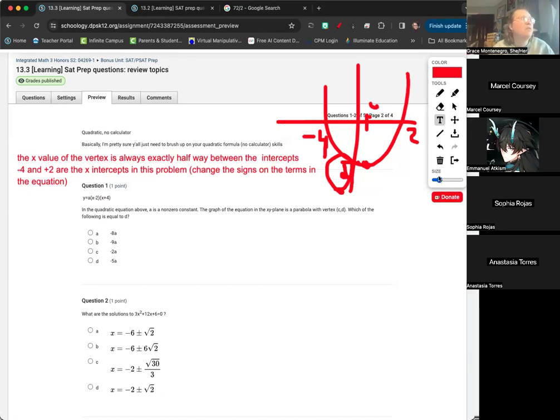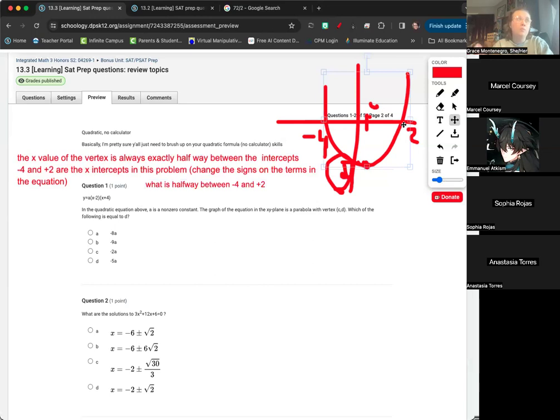What is halfway between -4 and +2? Well, the distance between those is basically 4 plus 2. If you were stepping on this and you are at -4, you'd have to take 1, 2, 3, 4 steps to get to 0, and then another 2 steps, and I know my drawing isn't right, to get to 2.